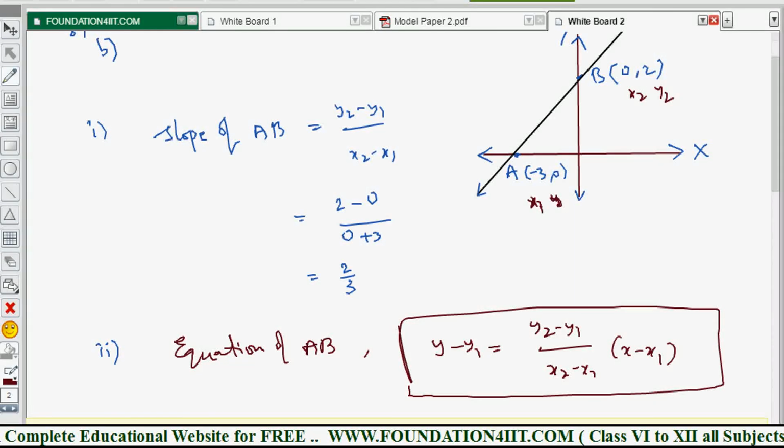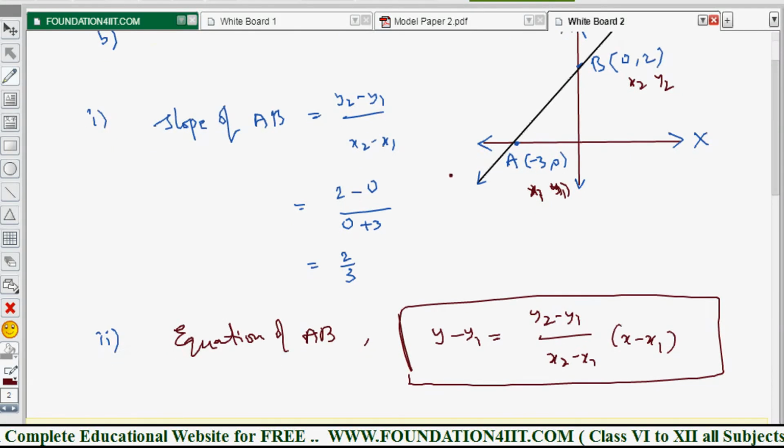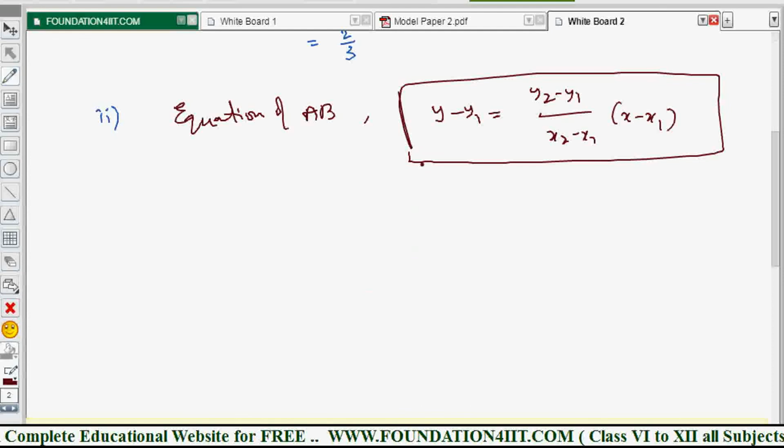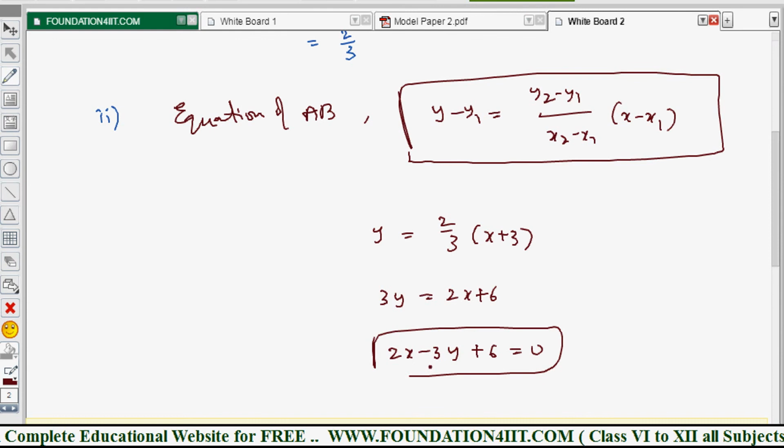Already the slope 2 by 3 is found. Then y minus 0 is equal to 2 by 3 into x plus 3. Then 3y is equal to 2x plus 6. Just multiply, then 2x minus 3y plus 6 is equal to 0. This is the equation of AB.